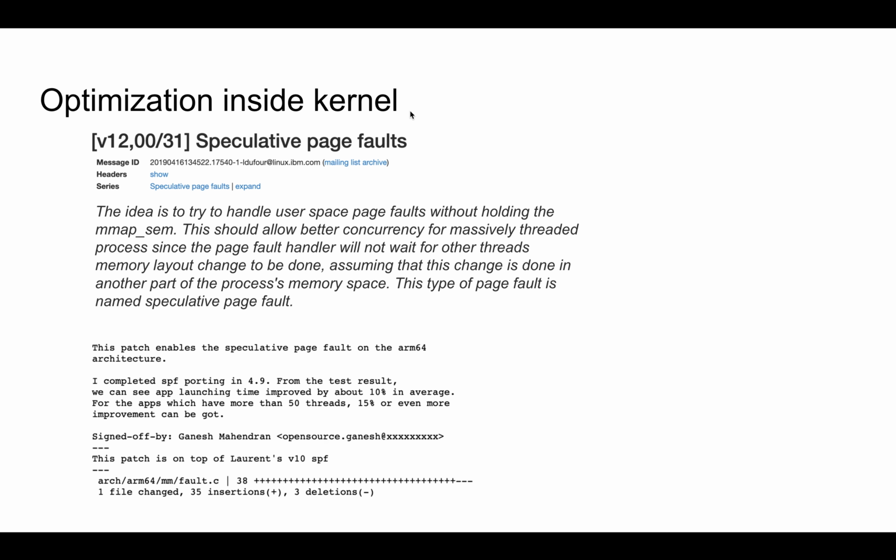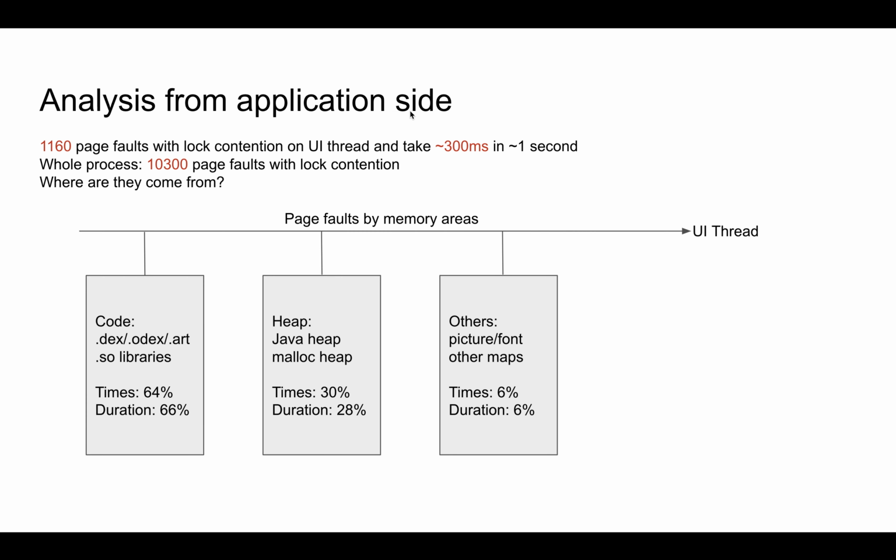So could we also do something to improve this issue on the application side in user space? First, let's look deeper into the details behind general page faults and see where they come from. We instrumented more traces and got data for an application launch. More than 1,000 page faults with lock contention on the UI thread cost about 300 milliseconds in about 1 second, and more than 10,000 page faults with no contention for the whole process.